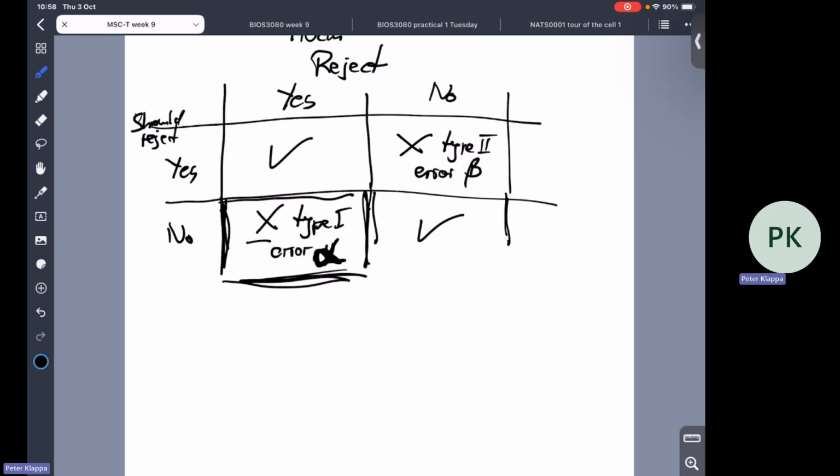So I will reject even if they shouldn't be rejected. I don't give a flying flamingo if they complain or not. So we can set alpha, and it also has another name. Alpha is usually referred to as the significance level.